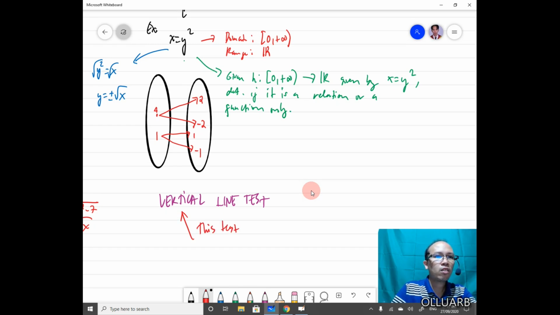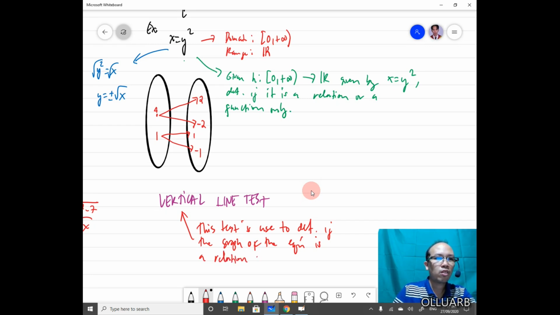This test is used to determine if the graph of the equation is a relation or not. What do we mean by vertical line test?